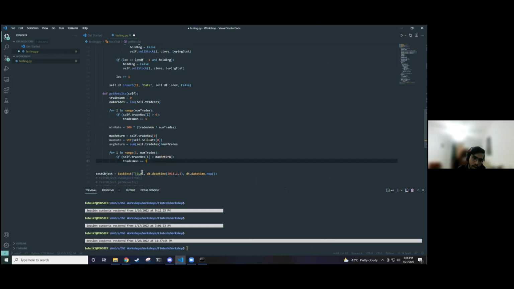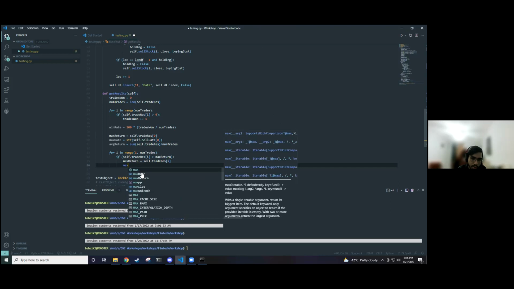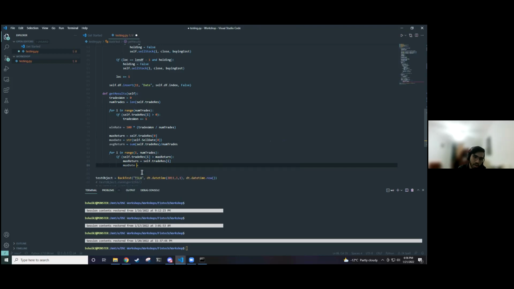If it is greater, then you set max return as self.tradeRes at i, and set the max date similarly to self.sellDate. There you go. So you have the max date right there too. Actually, wait. This needs to be a string.